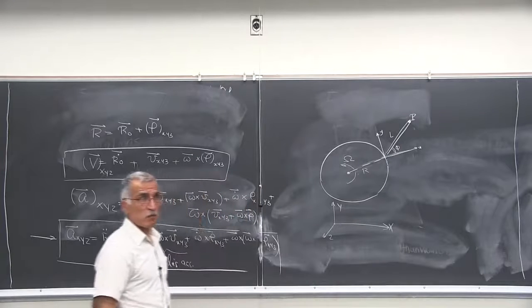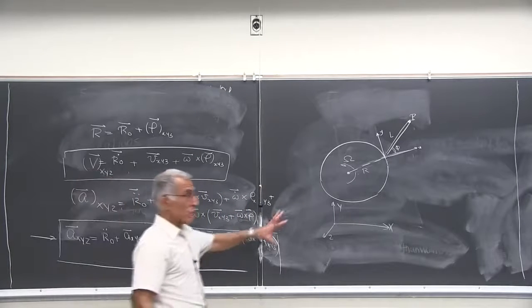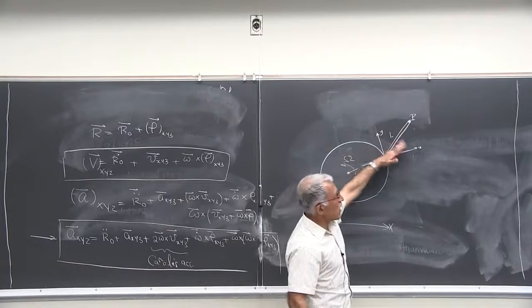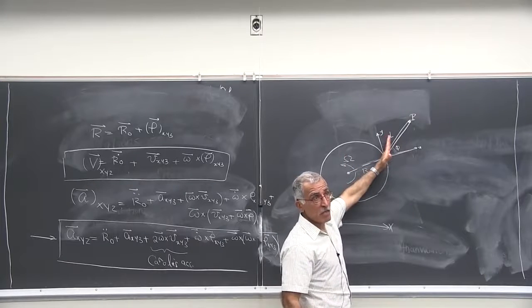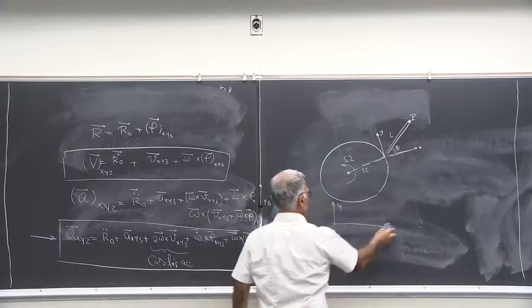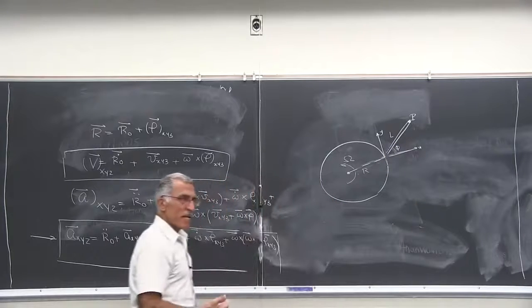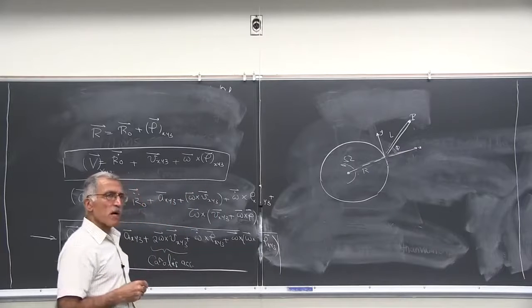And if you freeze this one, then you can see your arm is moving with respect to a small xy. So we are interested to see what is the velocity of point P. So you can say, no problem.